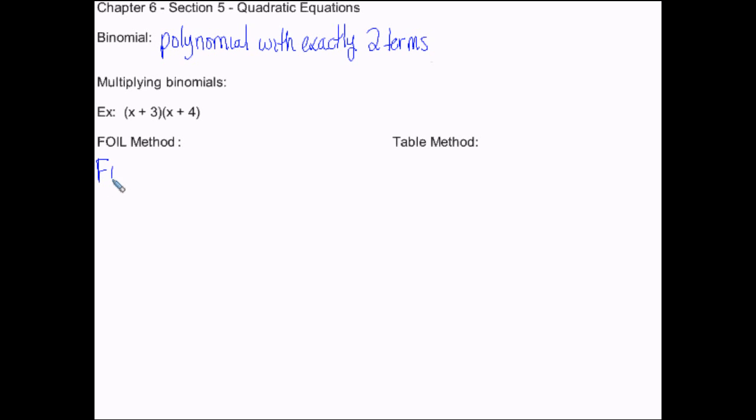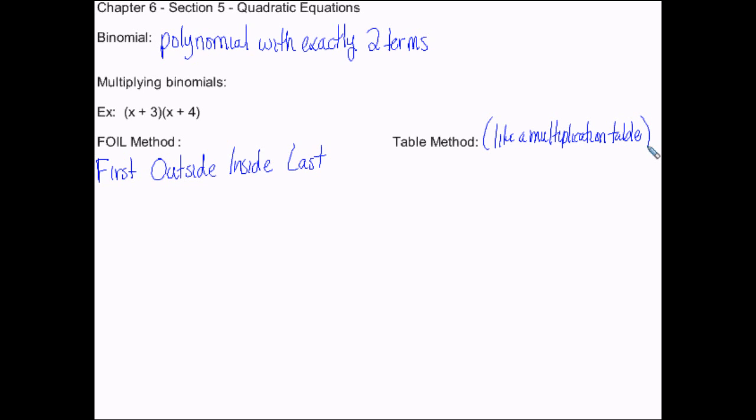FOIL stands for first, outside, inside, and last. Okay. The table is like a multiplication table. It's just like that one on the back there where you have 12 and 12, and you can look, see what they multiply to equal.